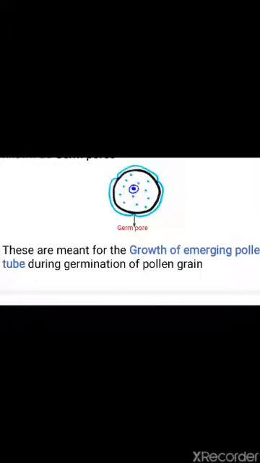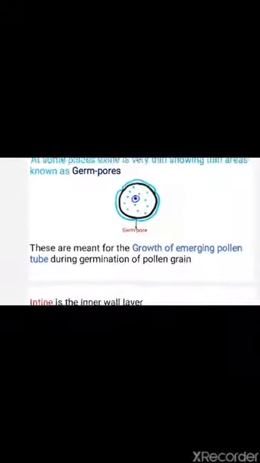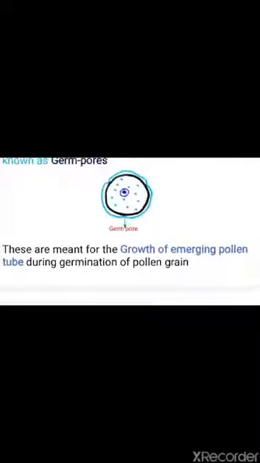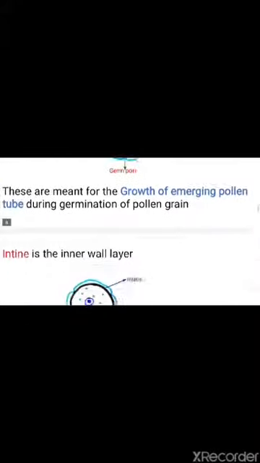Around 1 to 3 germ pores are there. These are meant for the growth of the emerging pollen tube during germination of pollen grain. That means during germination of pollen grain, the pollen tube comes out through this germ pore.